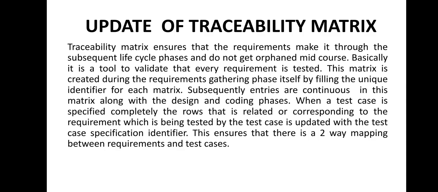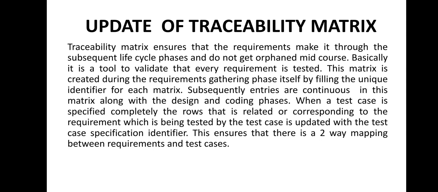Basically, traceability matrices are the tools to validate that each and every requirement has been considered or tested. This matrix is created during the requirement gathering phase, which is the upfront phase itself, by filling in a unique identifier for each requirement. So whenever there are changes, we make the changes accordingly on the basis of this unique identifier.